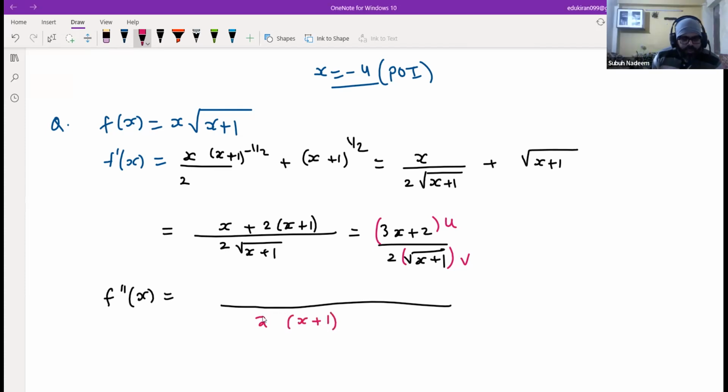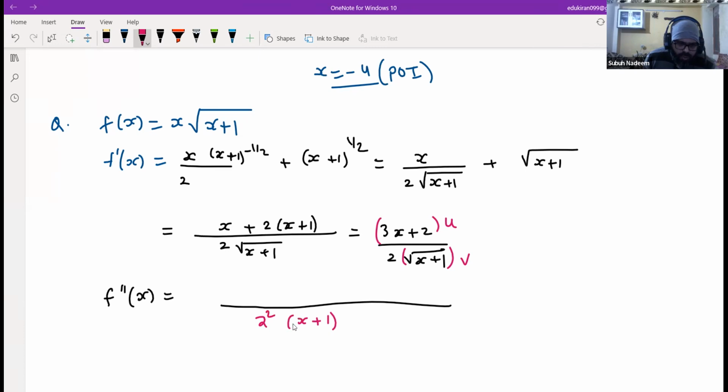Okay, now we come to the numerator. I wrote 3 plus 0 into 2 root x plus 1. So actually, 2 we are taking in the numerator. 2 is a constant, it will simply come outside, because if you are taking 2 in the numerator, then the whole square will be on 2 also.